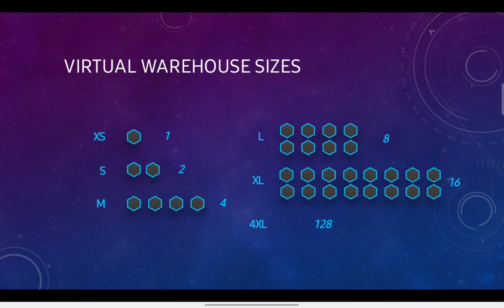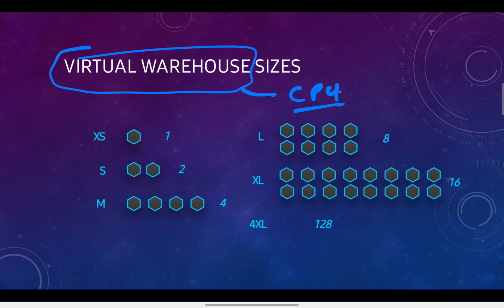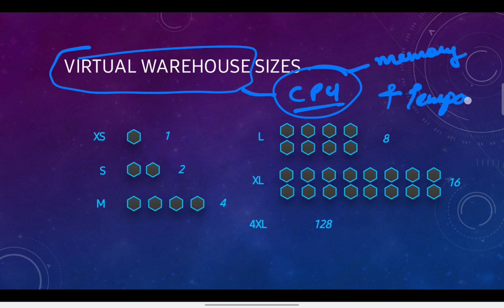So what does a virtual warehouse include? Means if you are wondering what exactly the virtual warehouse is, each warehouse has CPU cores, means it has different CPUs, memory, and temporary storage.